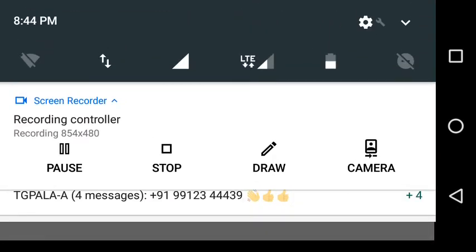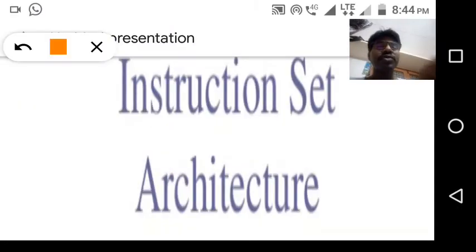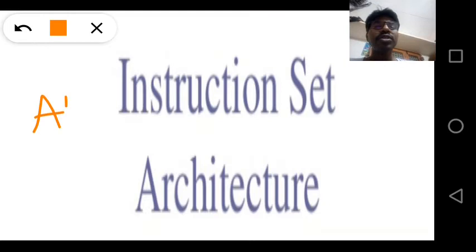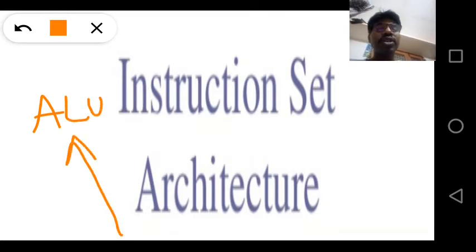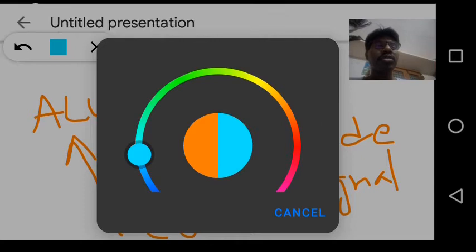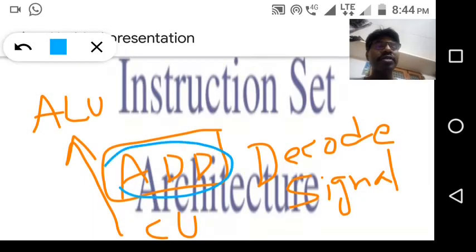The third stage is now the control unit sends a decode signal.